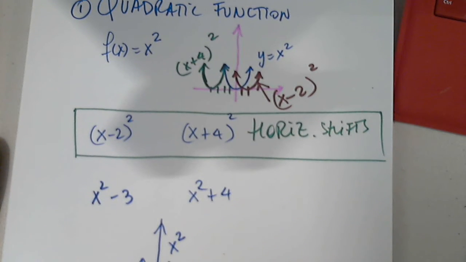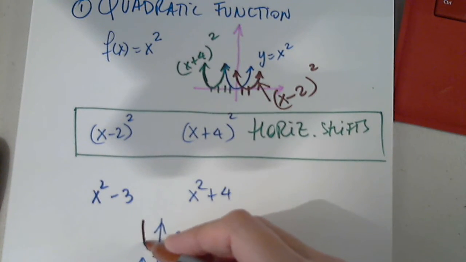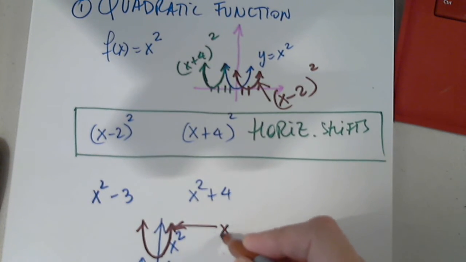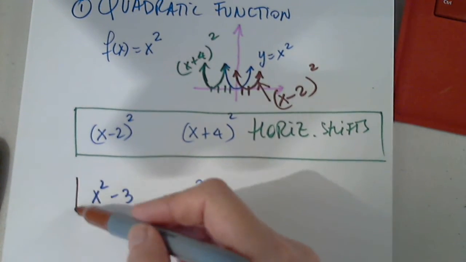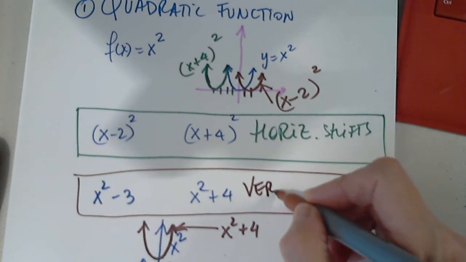Same shape, no change, x squared minus 3. And this one is an upshift of 4. So this will be x squared plus 4. These two are called vertical shifts.